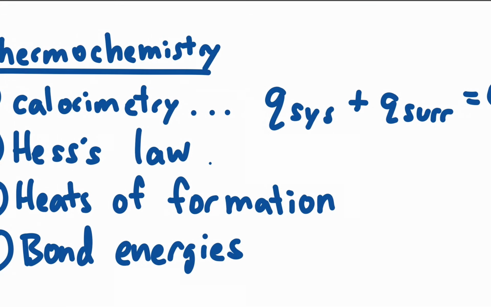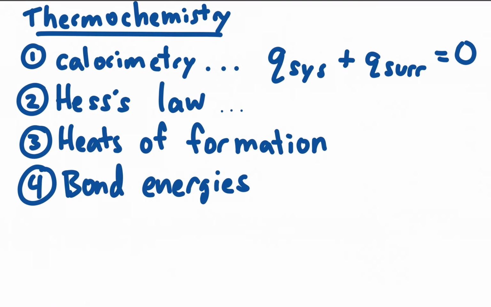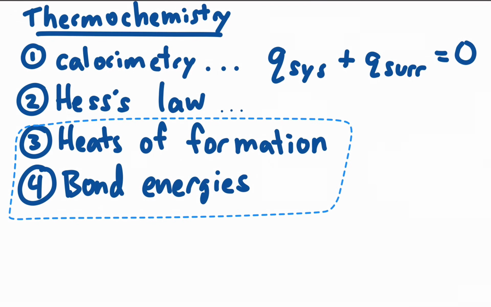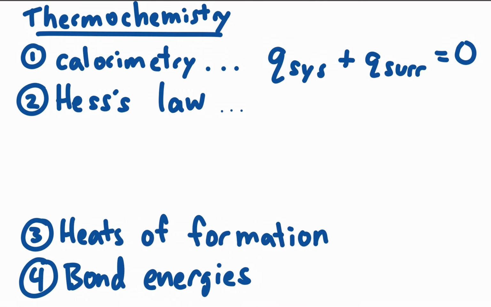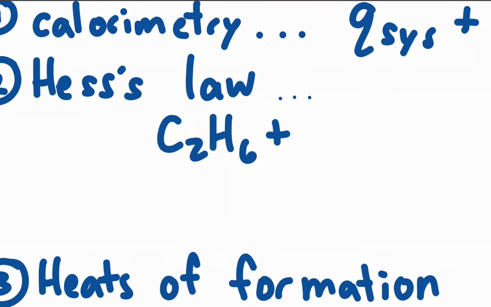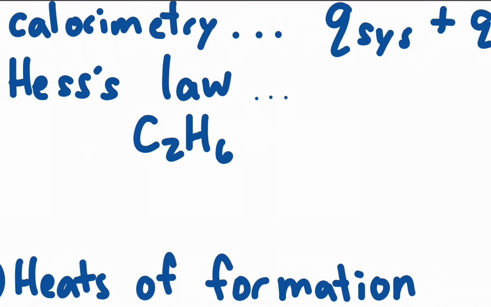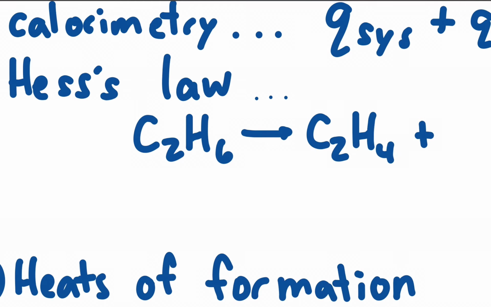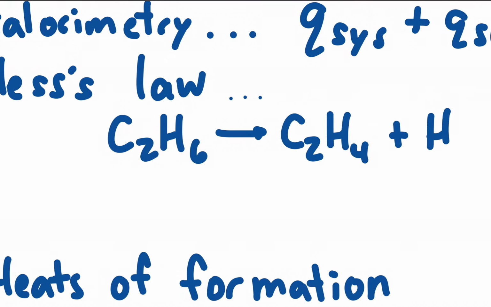Well, Hess's law has to do with adding reactions together with known delta H's to get the net delta H that we're looking for. Let me show you very quickly what I mean by that. So let's say I have the reaction of C2H6 decomposing into C2H4 and a hydrogen.